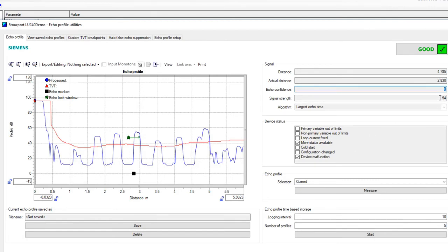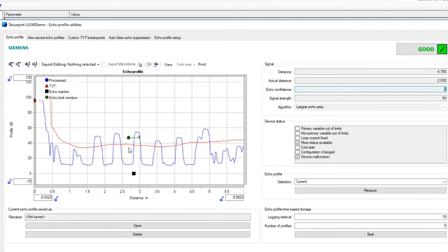I would expect it to be up in the 80s, and that's because the signal is bouncing off all of these joists, and it looks like there's a bit of shelving at the bottom of my back wall, which I haven't shown in the video. Maybe it's picking up on that.